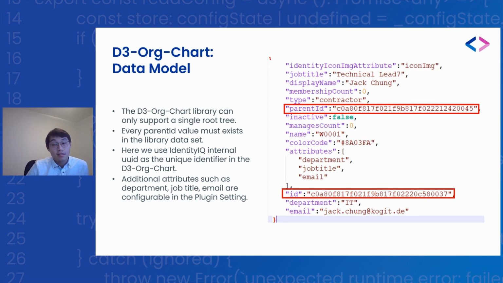Second, every node except the root node must have a parent ID value configured. Third, every referenced parent object must also be passed into the library dataset. Fourth, we use the IIQ internal UID as the unique identifier. And the last one, additional attributes such as the department, job title, and email are configurable in the plugin setting.